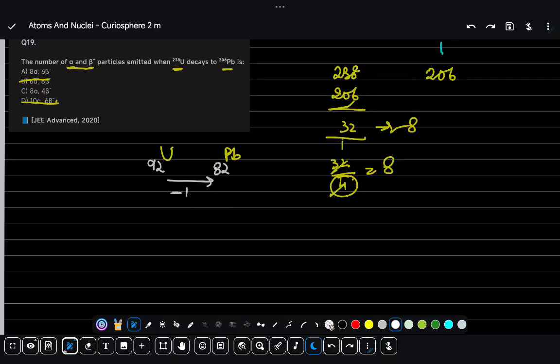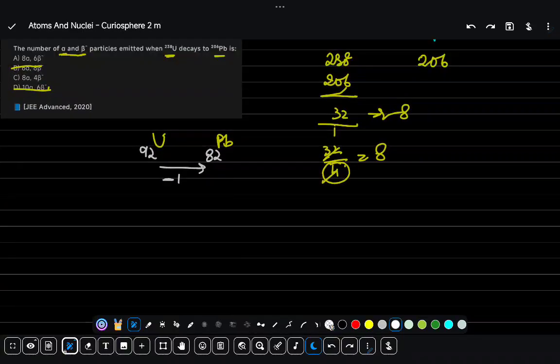So anyway, since the atomic number is decreased by 10, there must be 6 beta particles or 4 beta particles. For each beta minus particle, alpha and beta minus particles emitted when uranium-238 decays to lead-206, right?